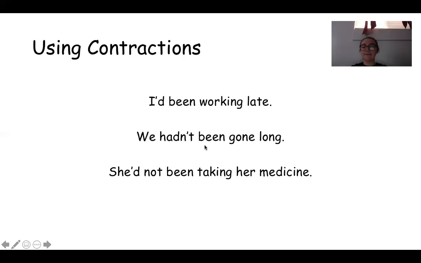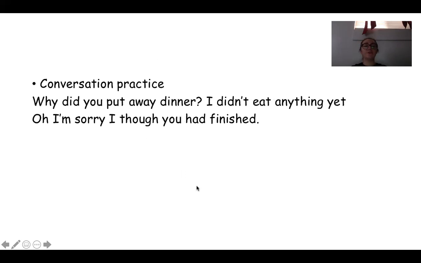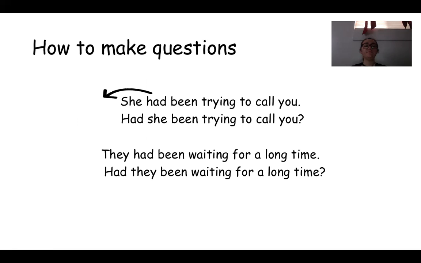We hadn't been gone long, which is had not. She'd not been taking her medicine. So how to make questions? Again, you just put had at the beginning. Instead of saying she had been trying to call you, to make it a question, we say, had she been trying to call you? They had been waiting for a long time. Had they been waiting for a long time? That's how we turn it into a question.